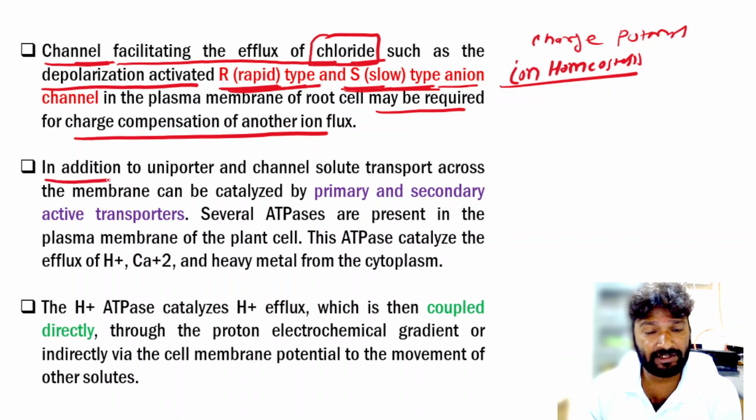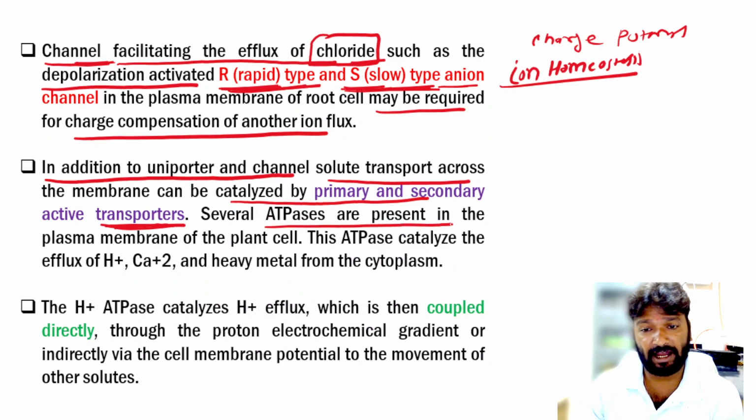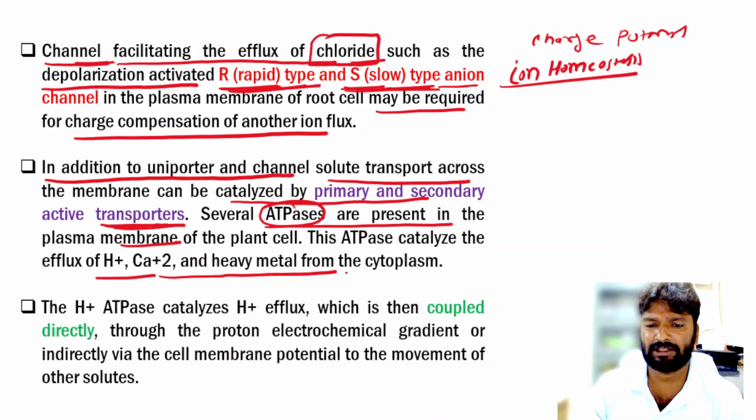Second, in addition to the uniporters and channels, this solute transport across the membrane can be catalyzed by these two transporters, that is known as primary and secondary active transporters. So several ATPases are present in the plasma membrane. ATPase means ये आपका हो गया primary transporters. They catalyze the efflux of H plus, calcium and the heavy metals from the cytoplasm. Okay.